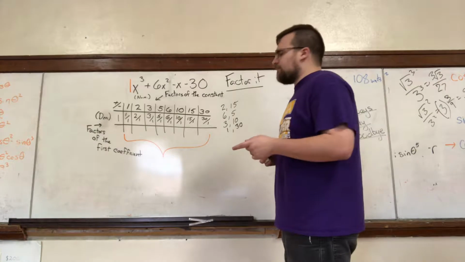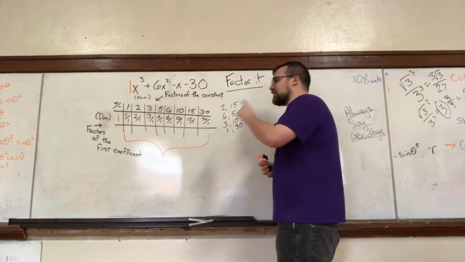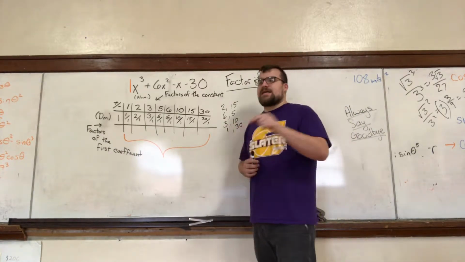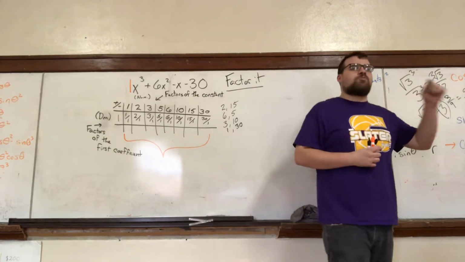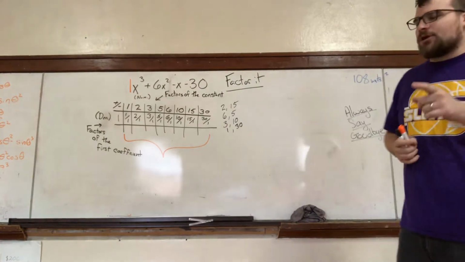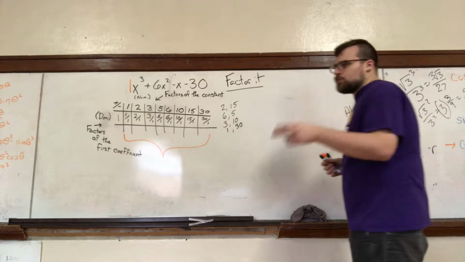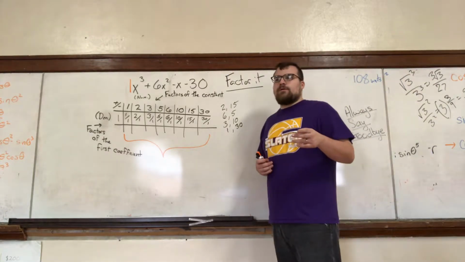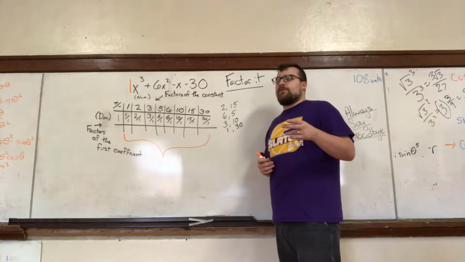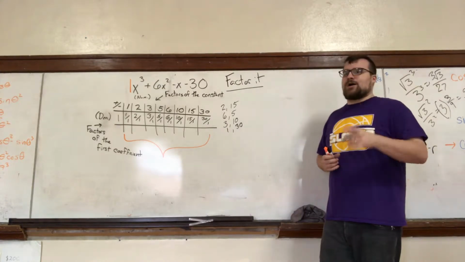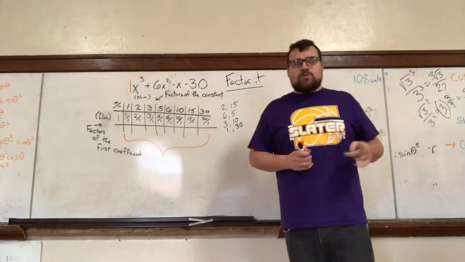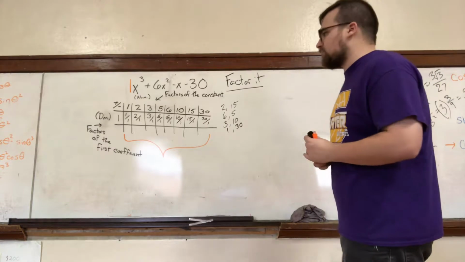The other method is if one of these is a factor, it is also a root of the equation. Now we talked about roots earlier this year. What are roots? Something that makes the problem equal 0. Roots are values that make the problem equal 0.